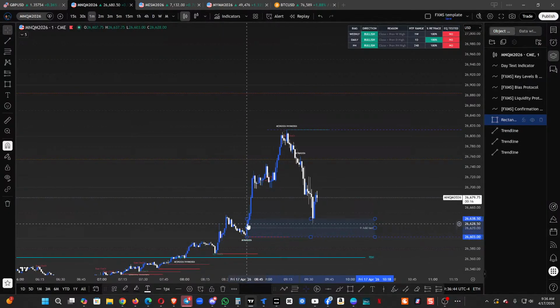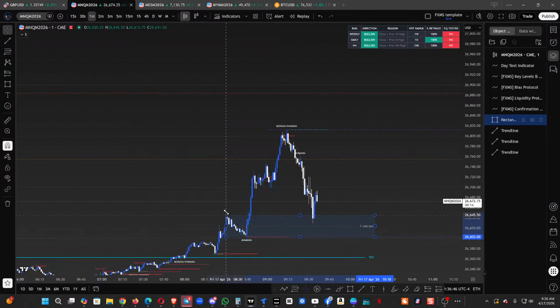The midpoint of the whole order block we didn't touch either, so just using the highest swing.